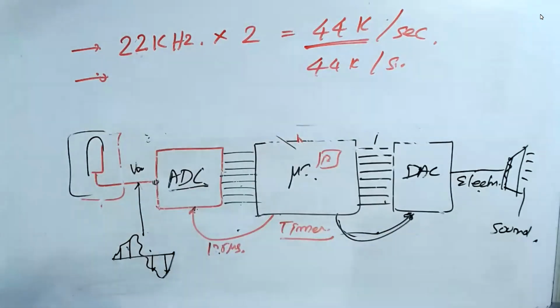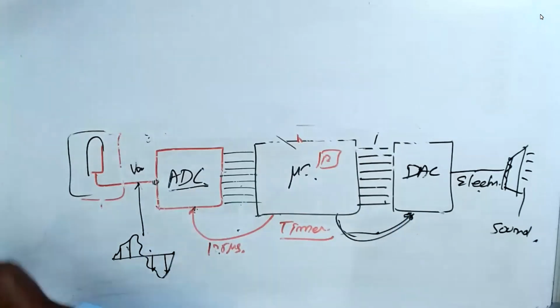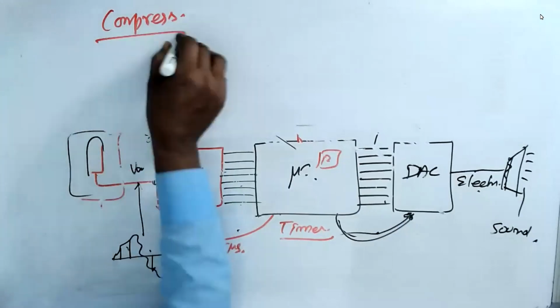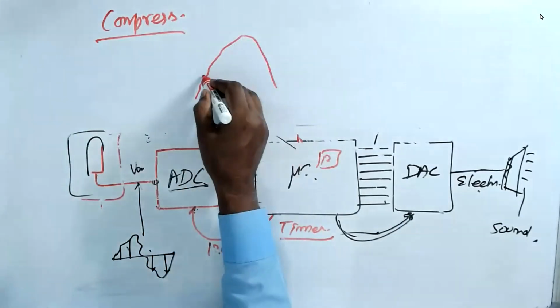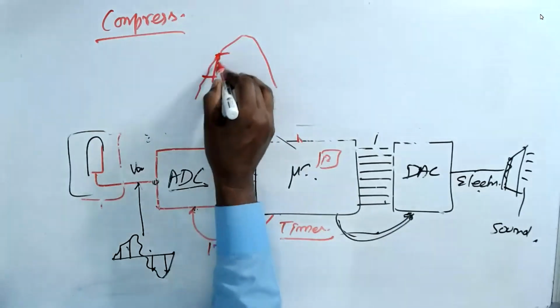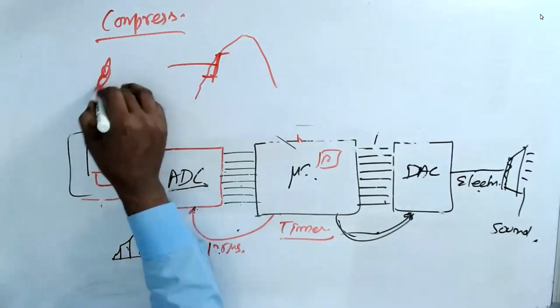But what they do here is, they have found a method of compression. For compression, they use multiple techniques. Let us assume that this is my voice. They don't store the full number. They store only the difference. When they sample, they store only the difference.